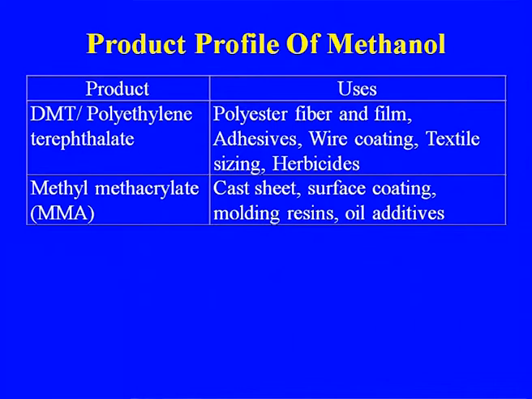These are the product profile of your methanol: DMT, polyethylene terephthalate, polyester fiber, film, adhesives, wire coating, textile sizing, herbicides. Methyl methacrylate, that is the sheet, Perspex glass, which we call polymethyl methacrylate, surface coating, molding resin, oil additives.